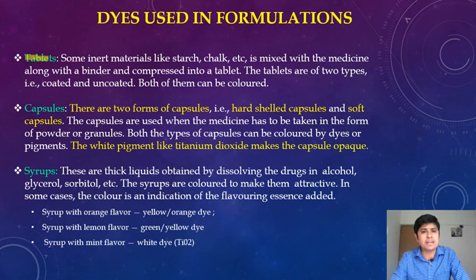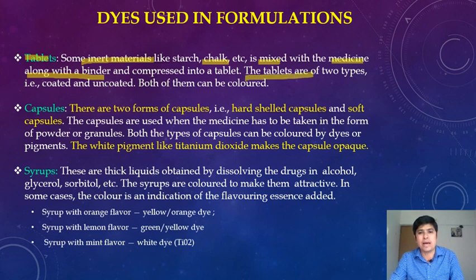Some inert material like starch, chalk, etc. is mixed with the medicine along with a binder, so that the binder can bind the medicine to the inert material, and it gets compressed into a tablet.